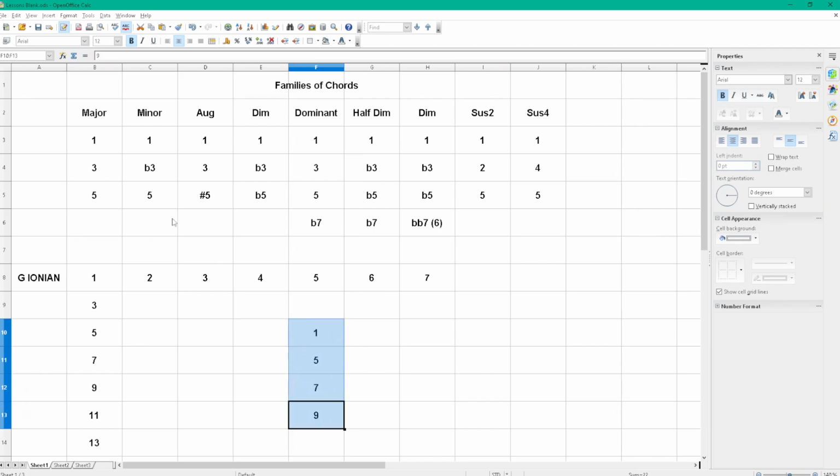Is this minor? We don't have a 3 in there, okay? So the more I go away from the root and the third, the more I use this triad, this triad, this triad over G in this case, the more this is not a major chord as such.